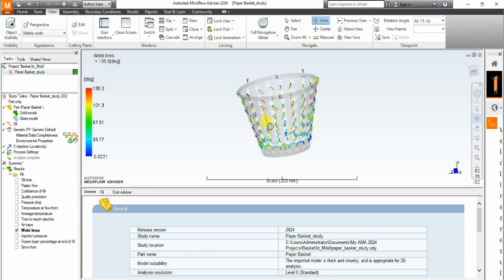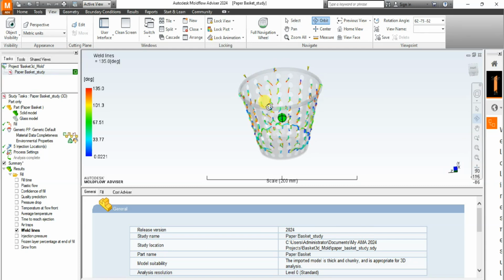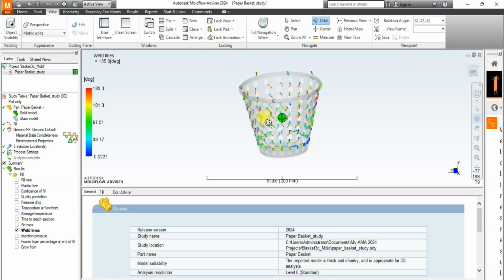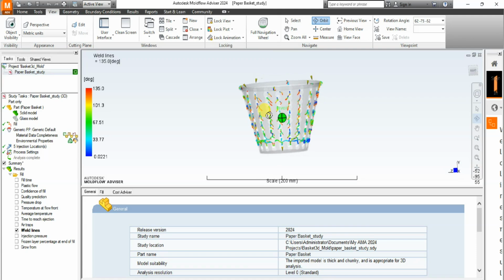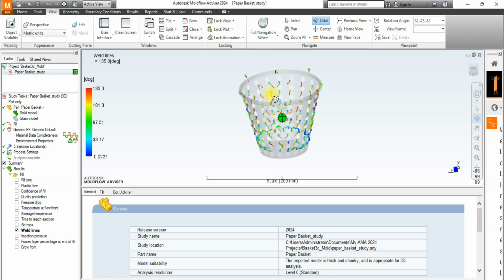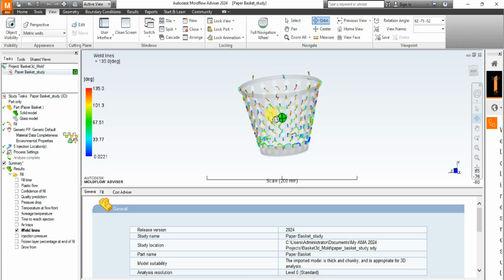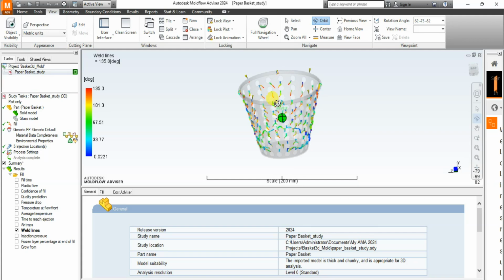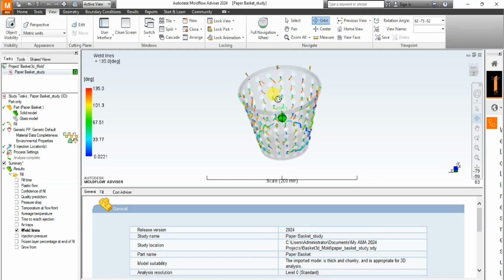You could also increase the diameters of gates and runners to make it easier to pack. You can also move the injection locations to make weld lines form closer to the gates.